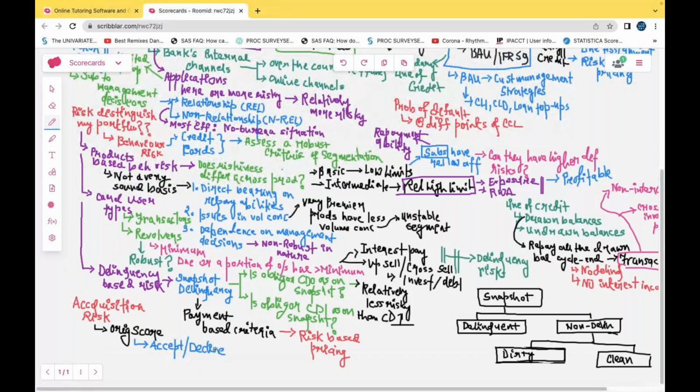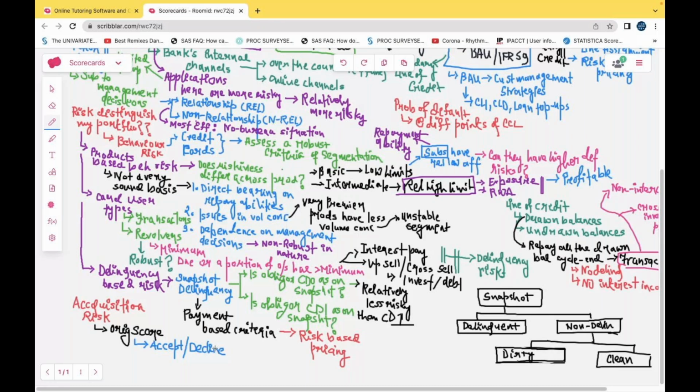Are you willing to accept a borrower, or are you willing to decline a borrower? This is something that we want to understand. That's the accept decline strategy, and this is the first and the most important part that we generally do.